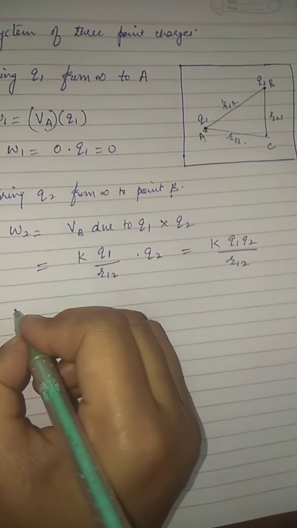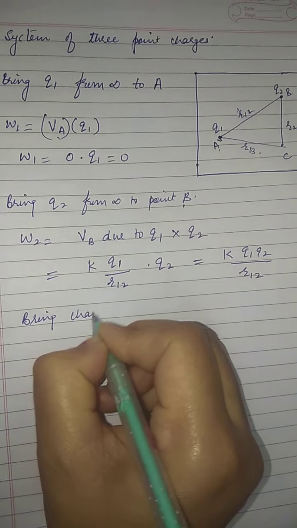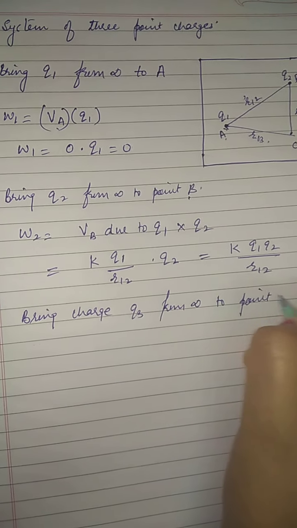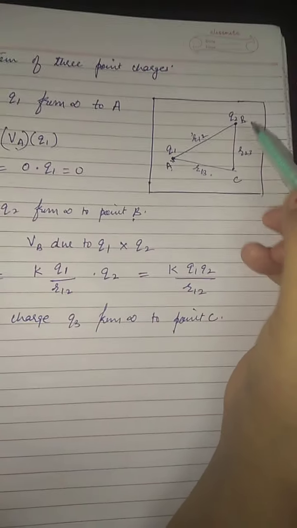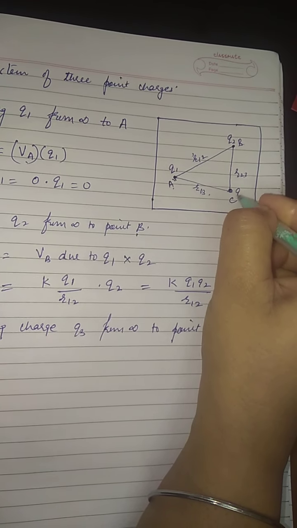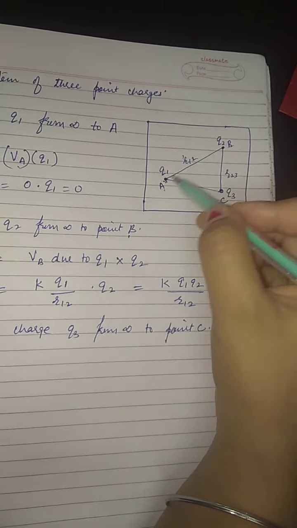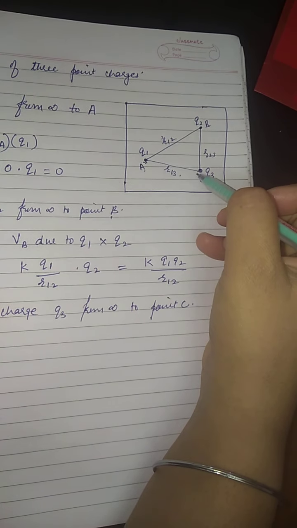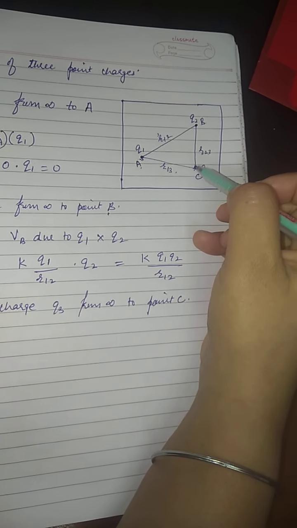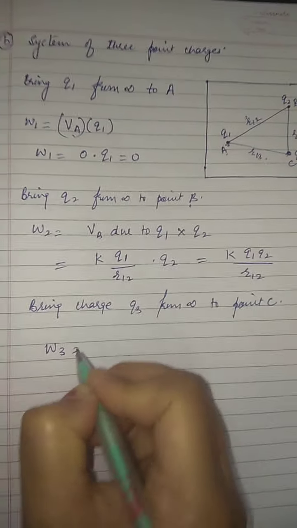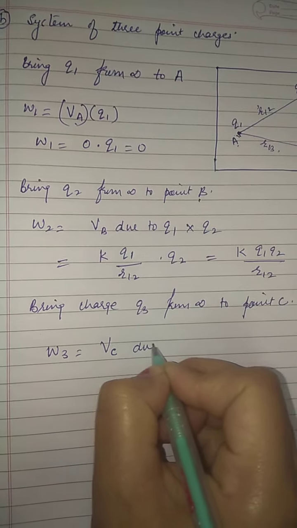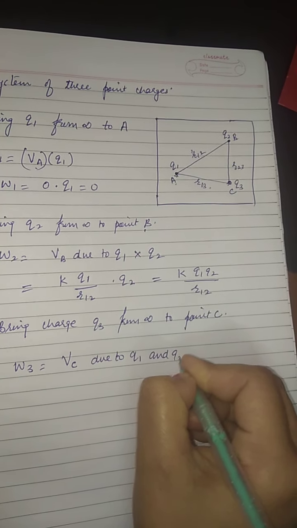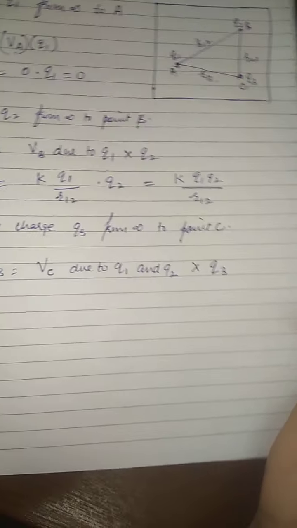Now let us bring charge Q3 from infinity to point C. So we are bringing charge Q3 at point C. Already two charges are present in the system, due to which there is some potential at point C, and we have to do the work against the potential of both of these two charges at point C. So third work done would be the potential at C due to both these charges, that is due to Q1 and Q2, times the charge which we are bringing.